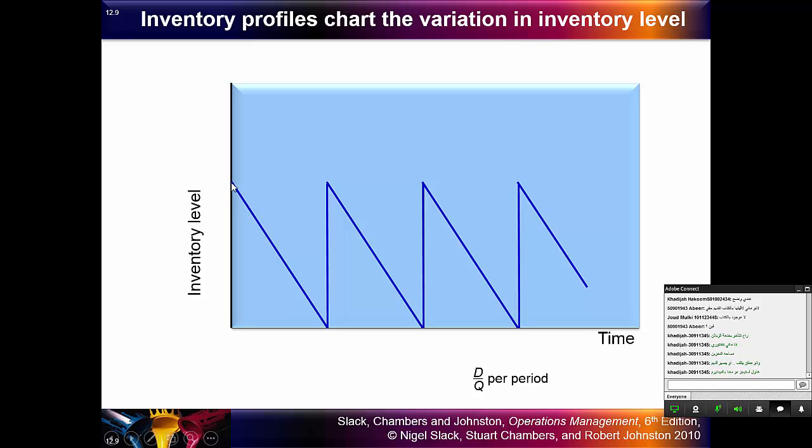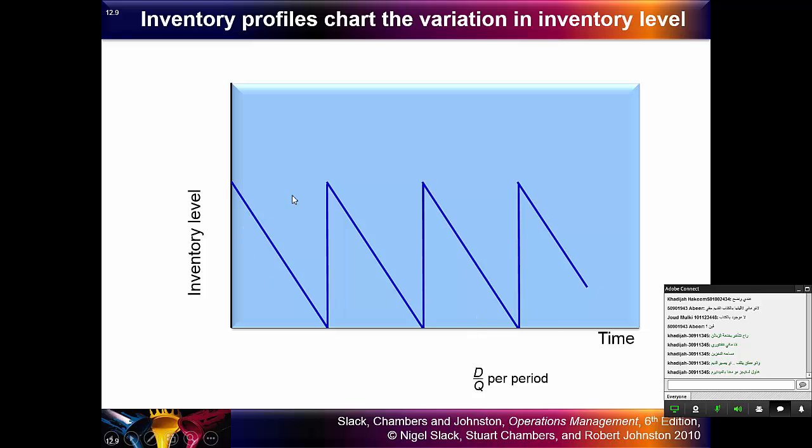During our operations, this inventory will decline until it reaches zero. But we don't want the inventory to be at zero, so we need to replenish or refill it again. When it reaches zero, we refill it, and then it declines again, and we replenish it again, and so on.